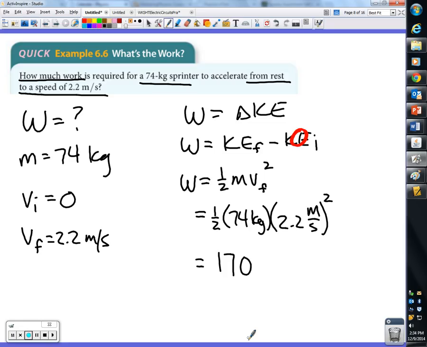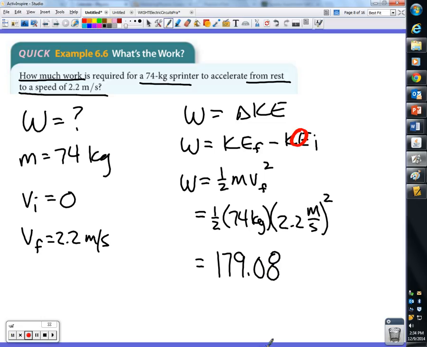Wait, right there. What? Wait. Did you square your 2.2? Yeah, we're good. My bad. The next one is a number in the thousands. 179.0 something, right?